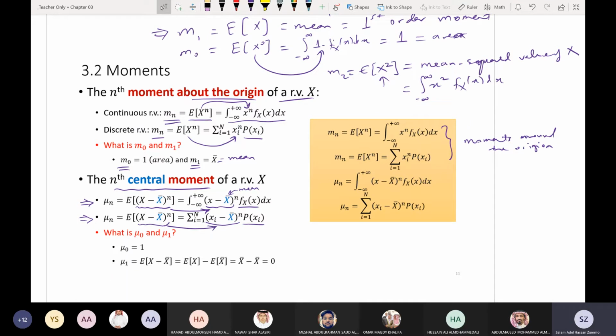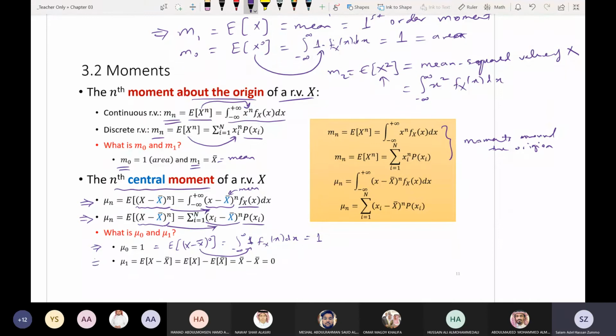Let's see what mu0 is. What is mu0? It's the expected value of x minus the mean to the power 0, right? Which is the integral from minus infinity to infinity of 1, because anything to the power 0 is 1, multiplied by the PDF, which gives us the area under the curve, 1, right?